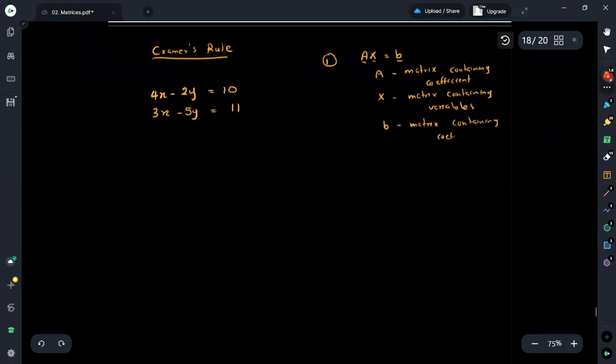Therefore, these are the three matrices we need to identify first.